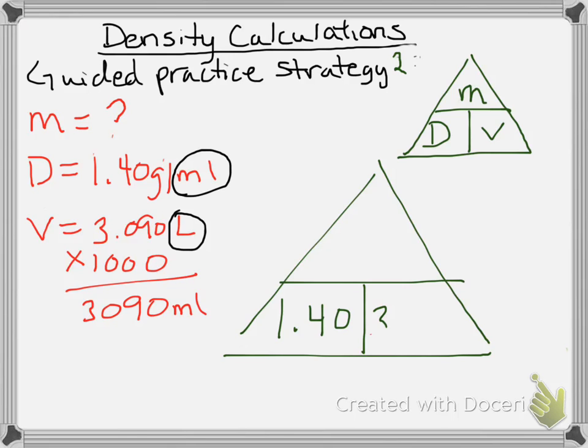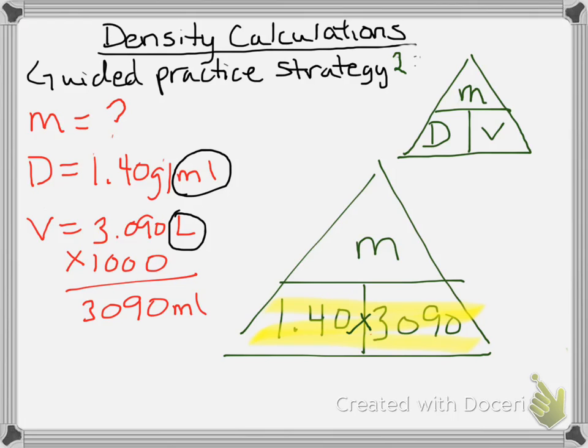I know my volume is 3090. I'm looking for the mass. So once I have that, I am simply really looking at these two here. Okay? So if they're side by side, I simply need to multiply them. That's what this up and down line means, is we're going to multiply.